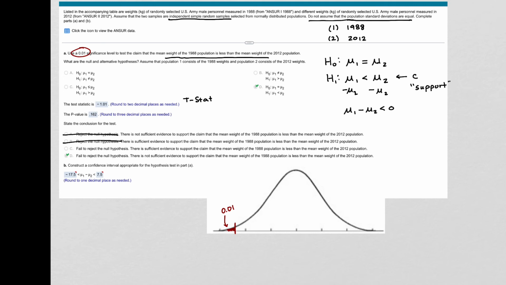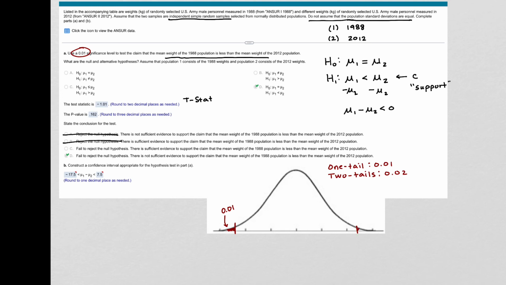Because this was a one-tail test, and we had 0.01 area in the one tail, in two tails we would just double that and have 0.02.